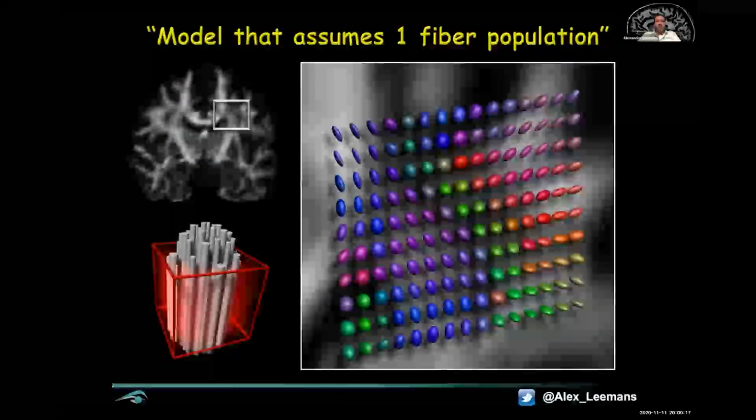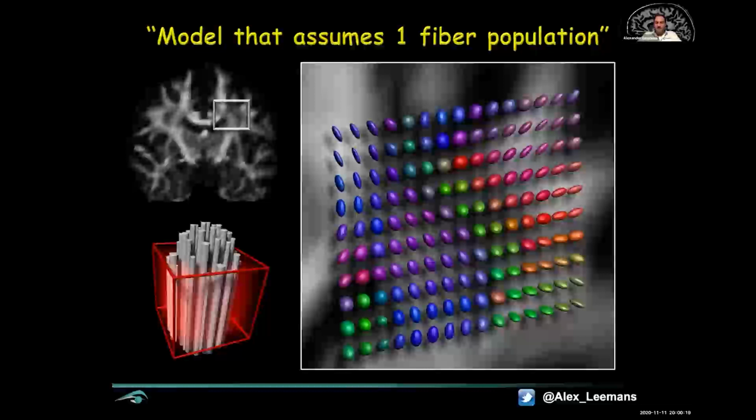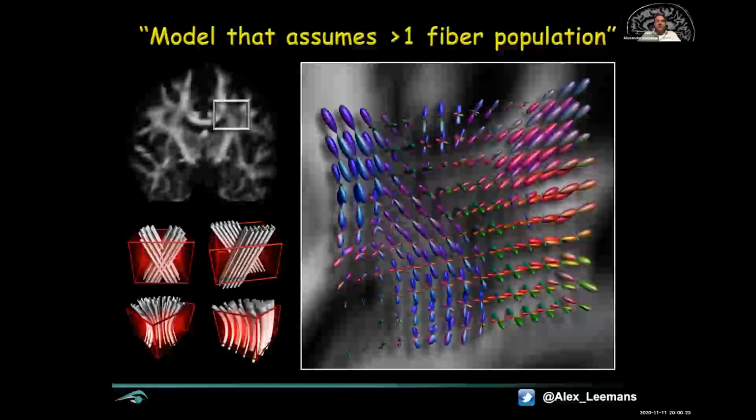So instead of looking at one fiber population per voxel, as shown in this case with these ellipsoids, you can now look at what we call a fiber orientation distribution function, which clearly shows the huge richness that we can now start to see within a voxel where fiber pathways are crossing.